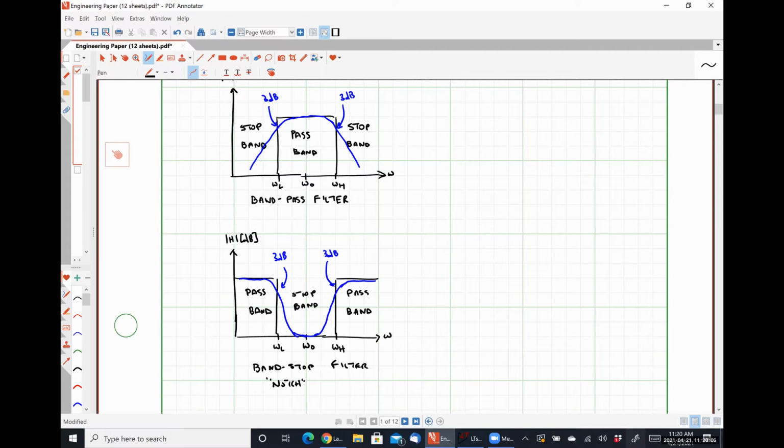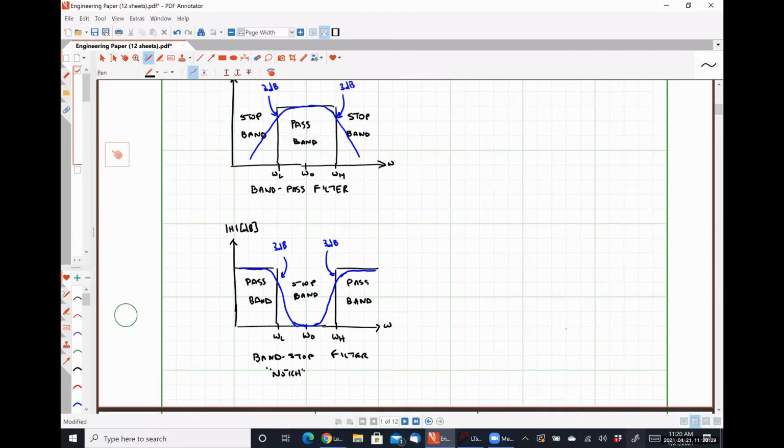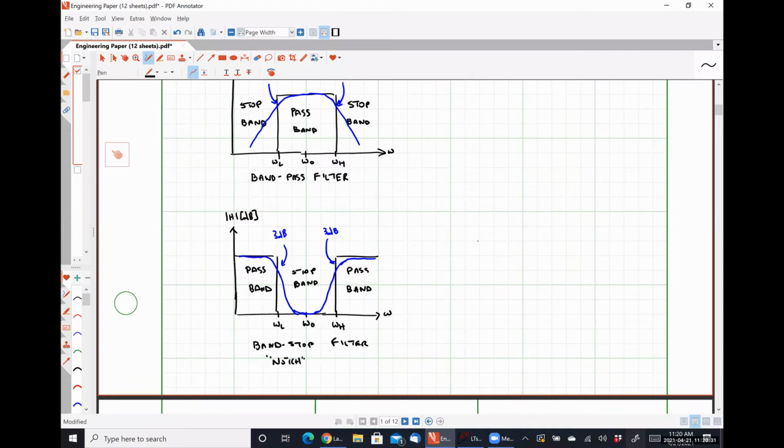And you hopefully have noticed that the impedance of a capacitor at very low frequencies looks like an open circuit, and at very high frequencies, it's going to look like a short circuit. Similarly, an inductor at very low frequencies looks like a short circuit, and at very high frequencies looks like an open circuit.